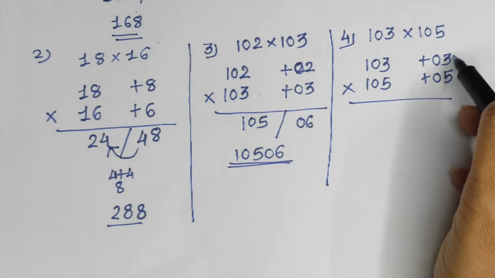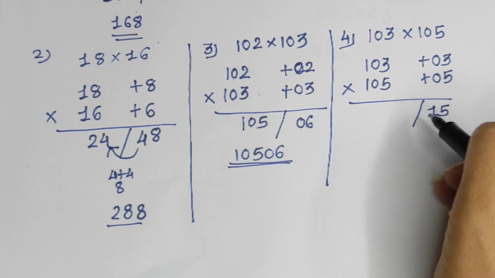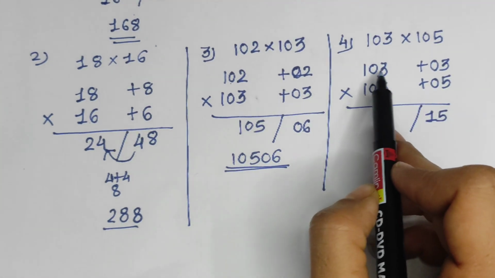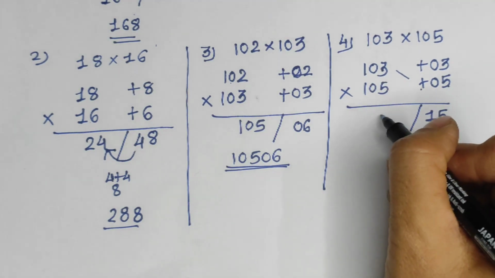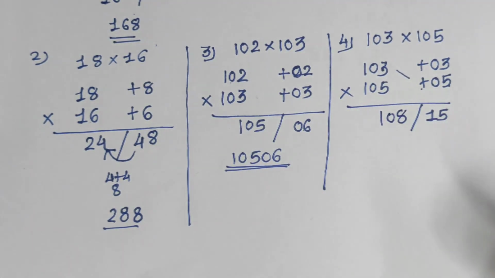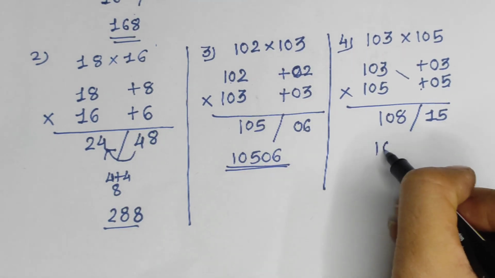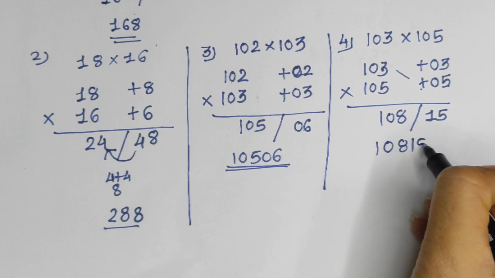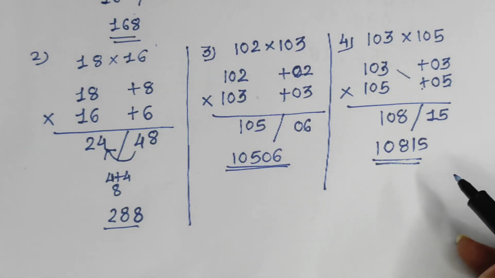We multiply the deviations: 5 times 3 is 15, and we do the cross calculation. 103 plus 5 gives 108. So we got the answer 10815, which means 10,815.